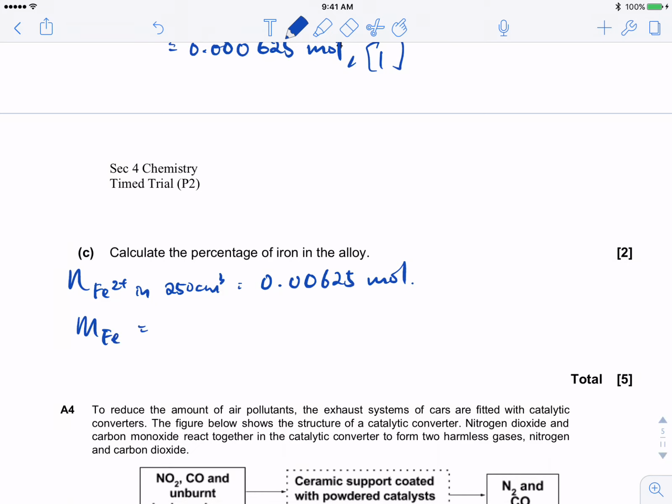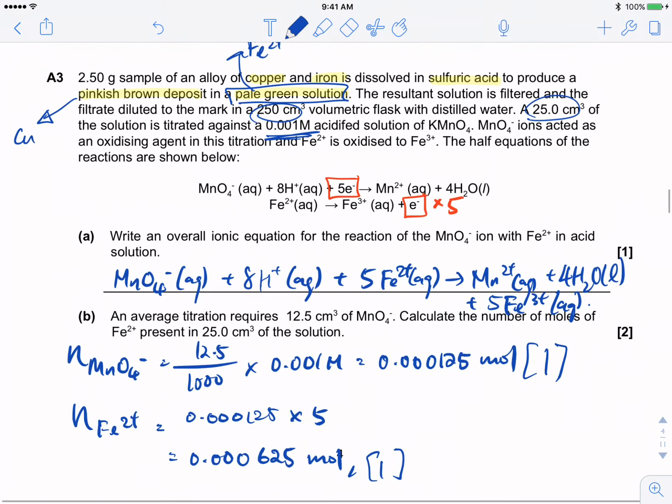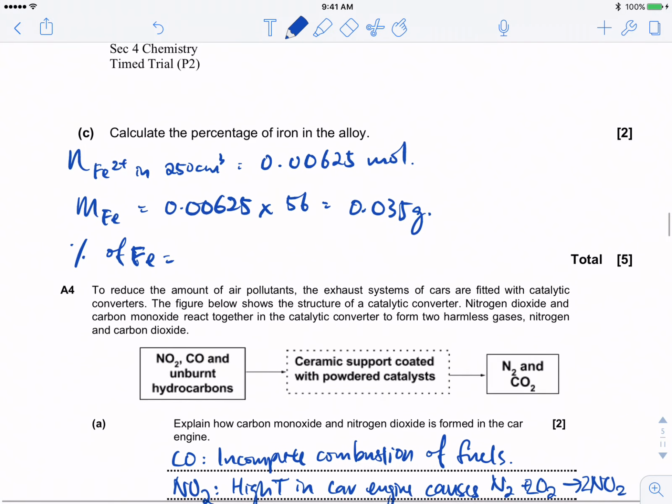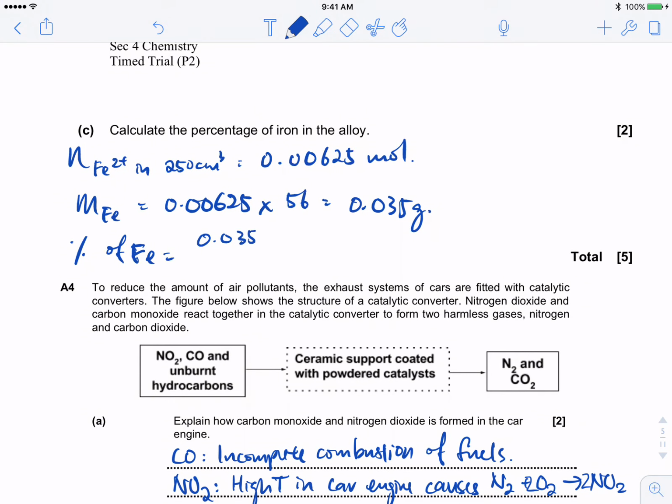It will be 0.000625 multiplied by the mass, which is 56, 0.035 gram. Hence, the percentage of iron, the initial mass is 2.5, so 0.035 divided by 2.5 is actually only 1.4%.